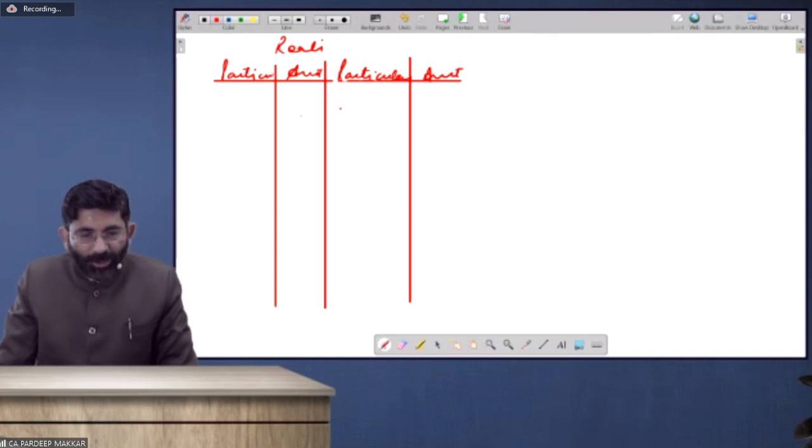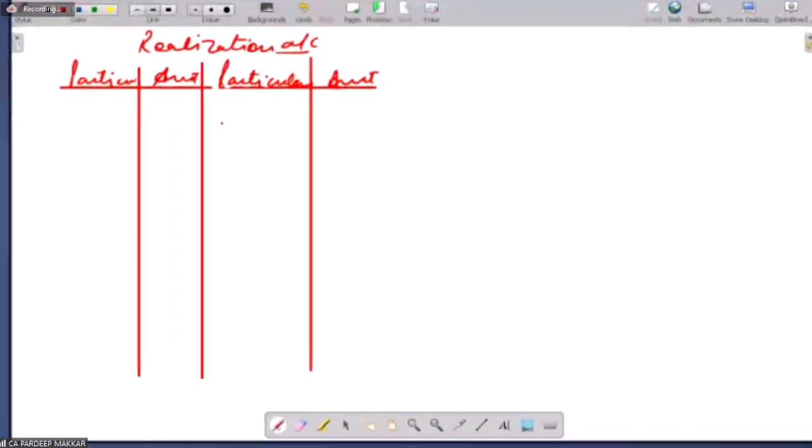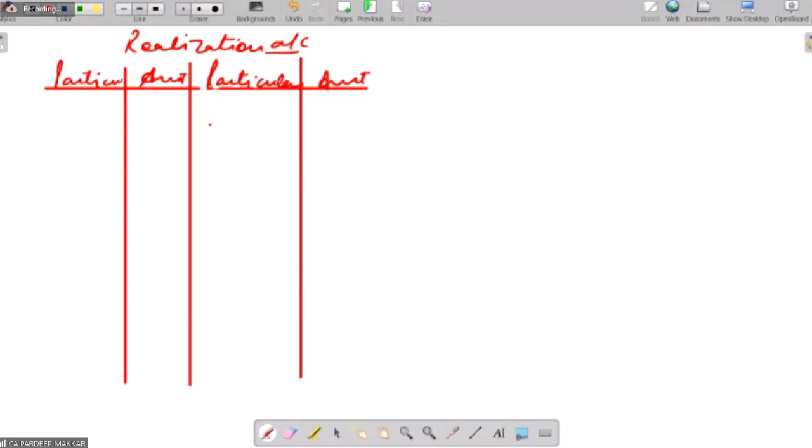So the realization account is to be prepared. Very simple. Transfer your assets and liabilities to it. So land and building is there. This will be transferred at normal value as we have done earlier also.